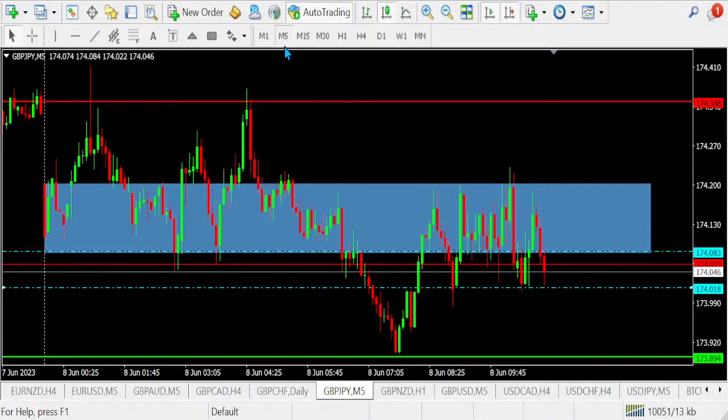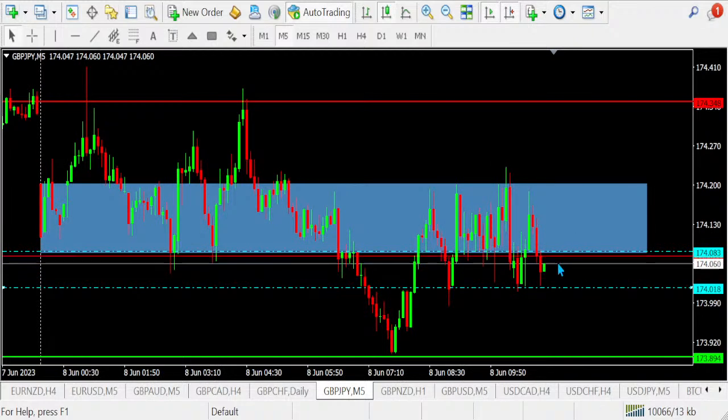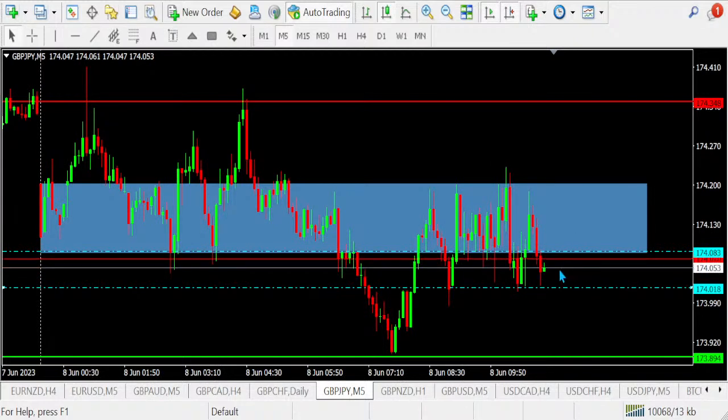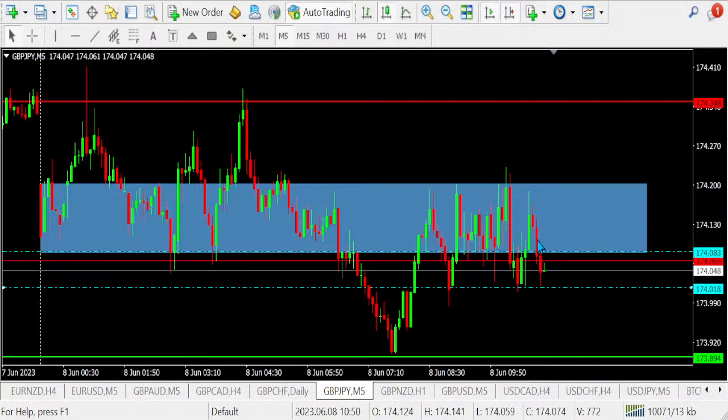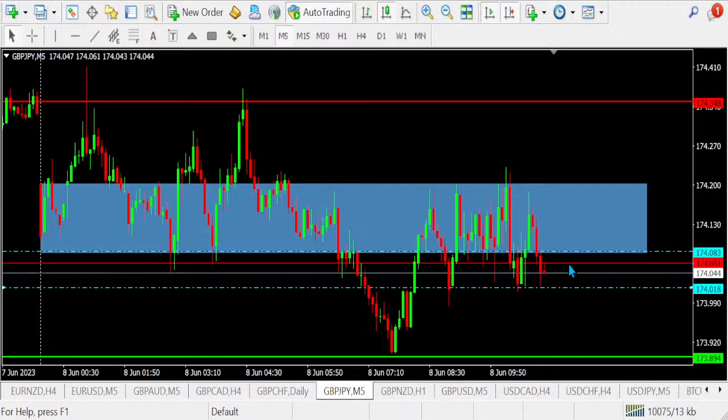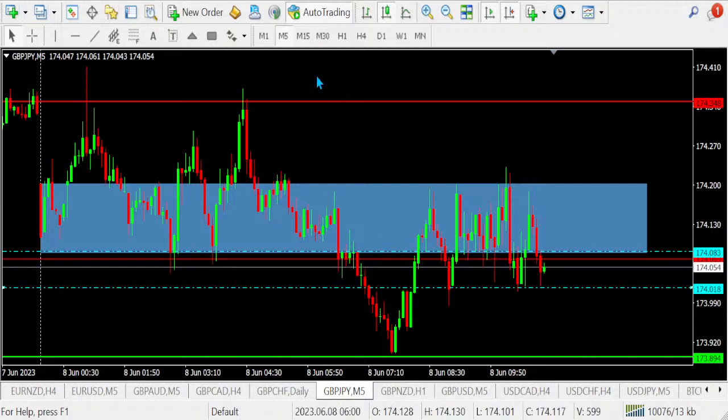Pound yen. I'm waiting for pound yen to set up a new resistance. Then after that, good. Green candle is good. I'm waiting for it to set another round. Then it will be a good chance to go for a selling.